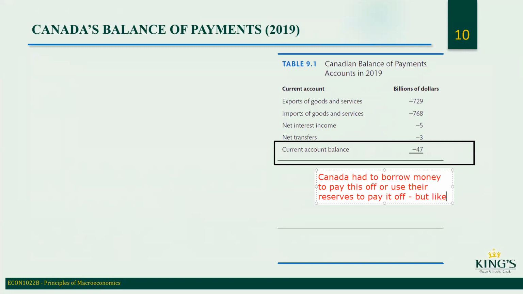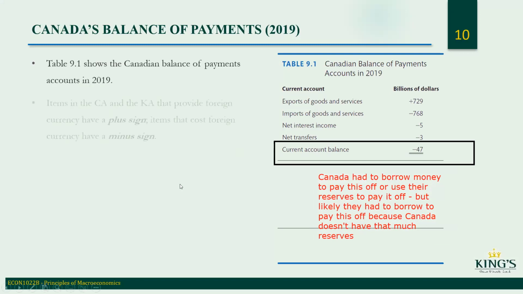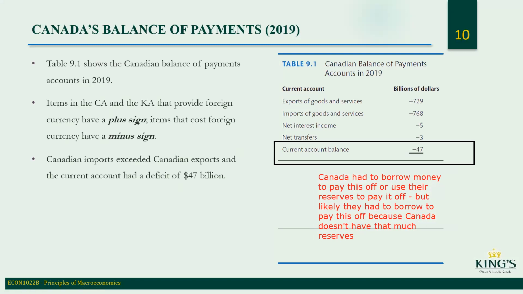But likely they had to borrow, because Canada doesn't have that much in reserves. And that led to more debt for Canada. So they had a current account deficit of $47 billion.